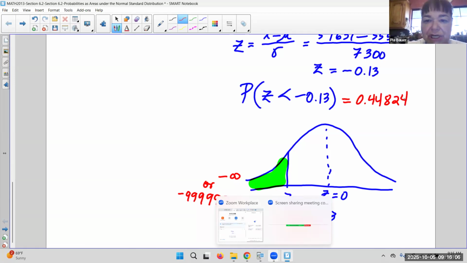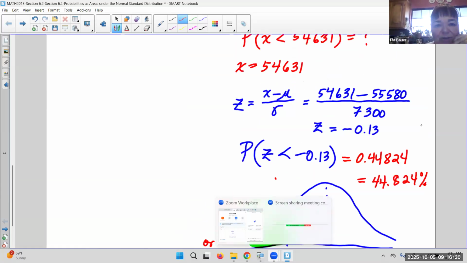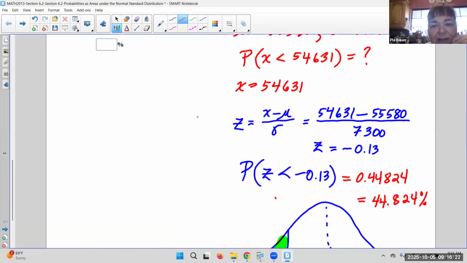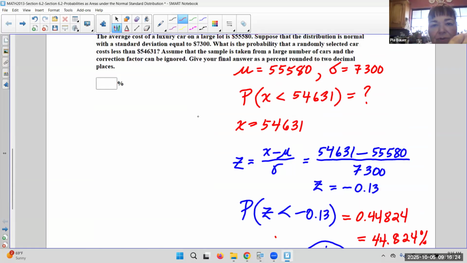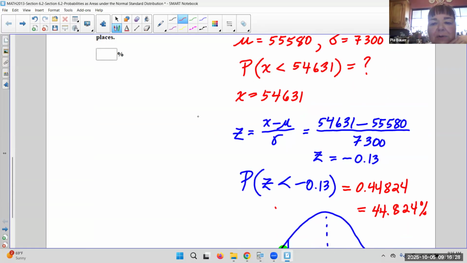Then you're going to change it into a percent. So that will be 44.824%. And it says to round your answer, to give the final answer rounded to 2 decimal places.